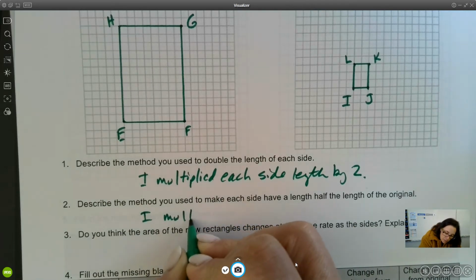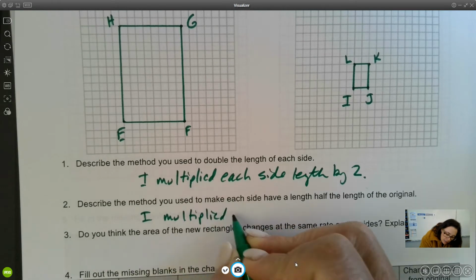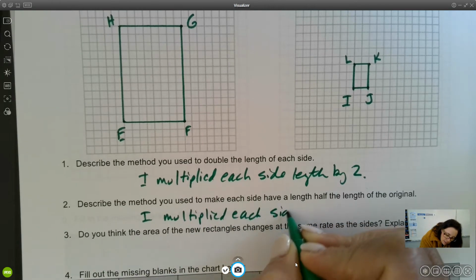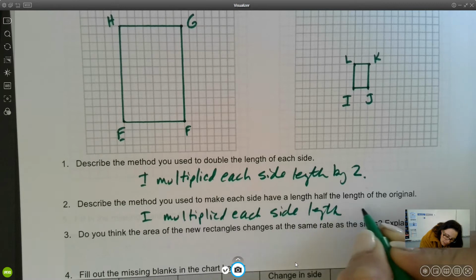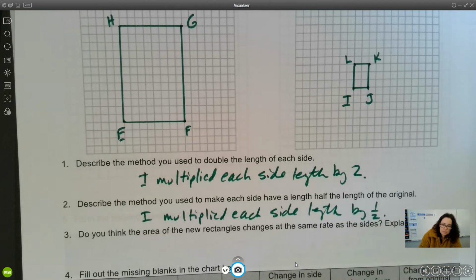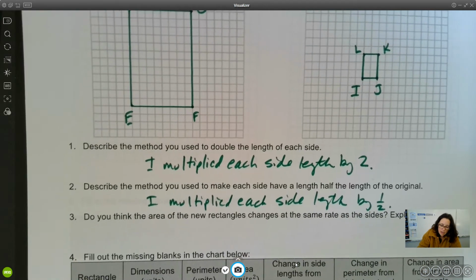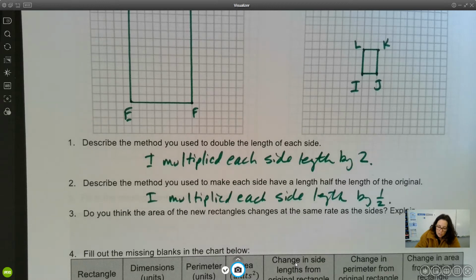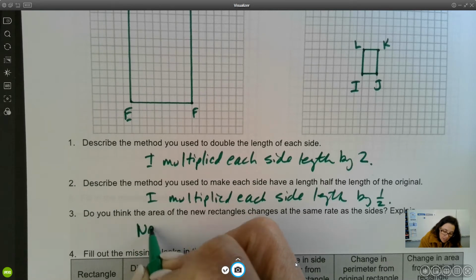I multiplied each side length by a half. Do you think the area of the new rectangles changes at the same rate as the sides? Okay, so I don't think so. We're going to investigate that.